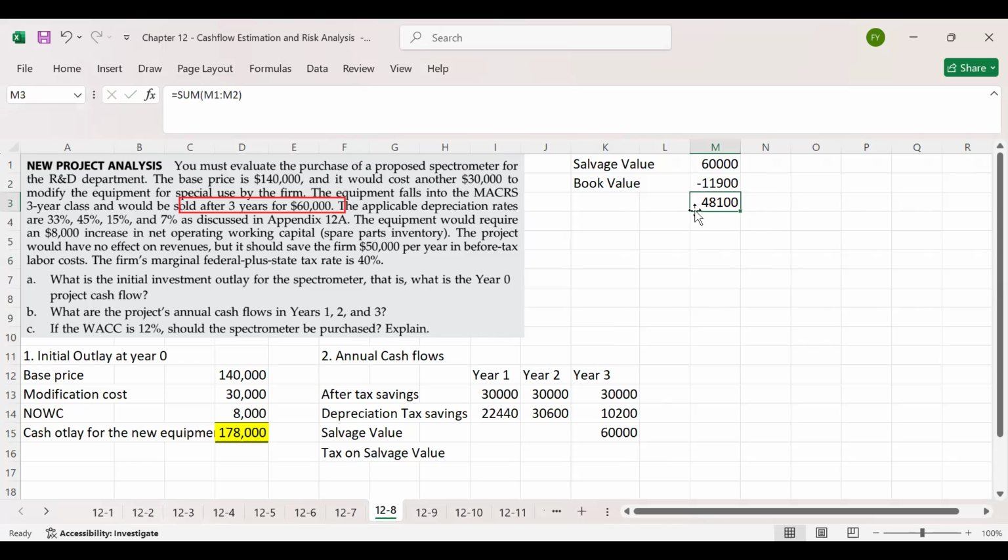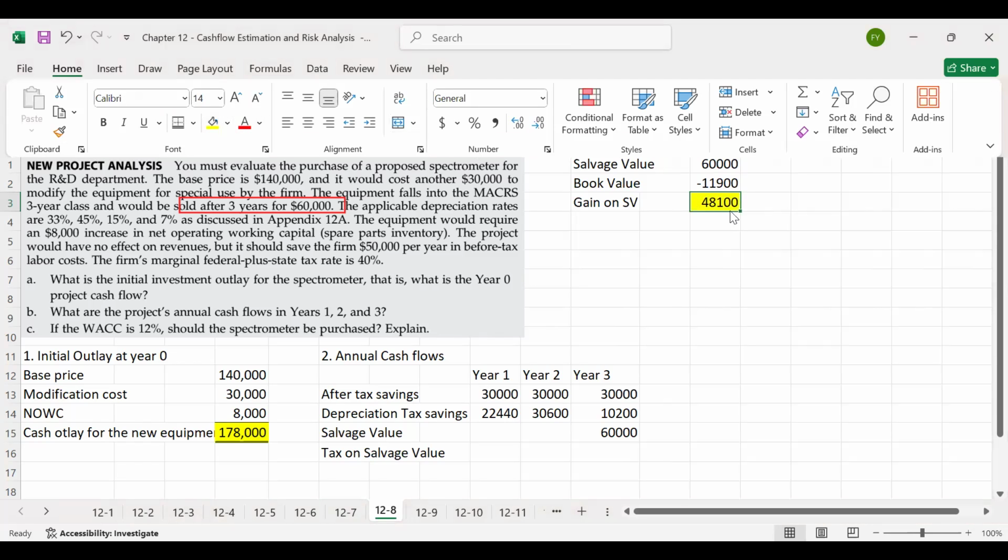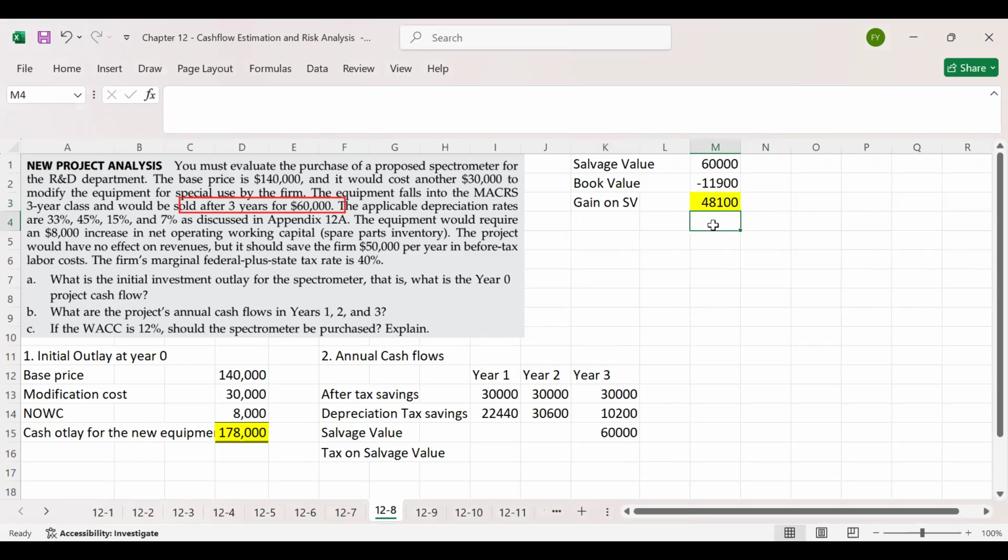This amount is just like the gain on salvage value or capital gain. So we calculate tax on salvage value. So we take 40% of it.